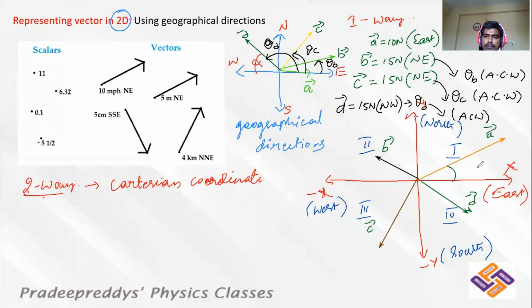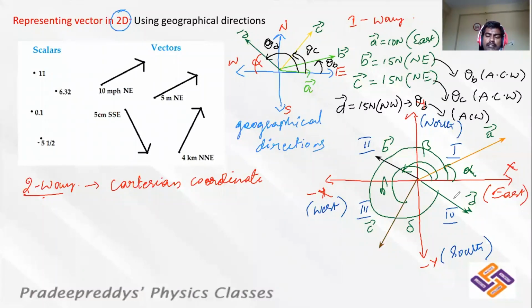This is alpha. Let me consider this as beta, one more angle. Let me consider it as gamma, angle made with the C bar. And let me consider another angle, this total angle. And this angle, I can consider it as delta. So A bar is making an angle alpha with x-axis, B bar making an angle beta, C bar making an angle gamma, D bar is making an angle delta with respect to x-axis in anti-clockwise direction.